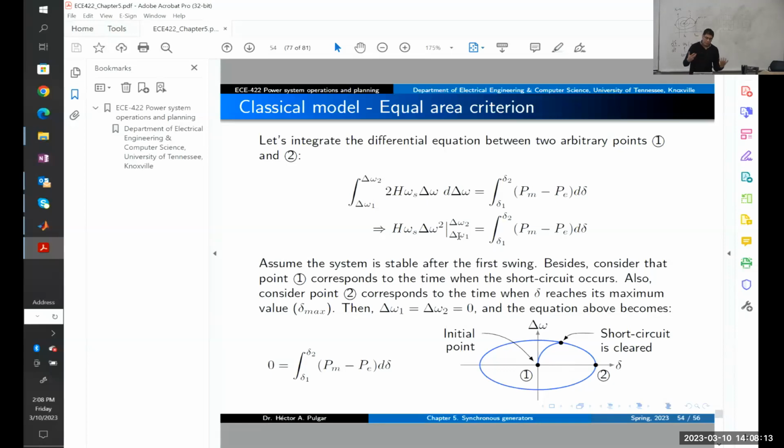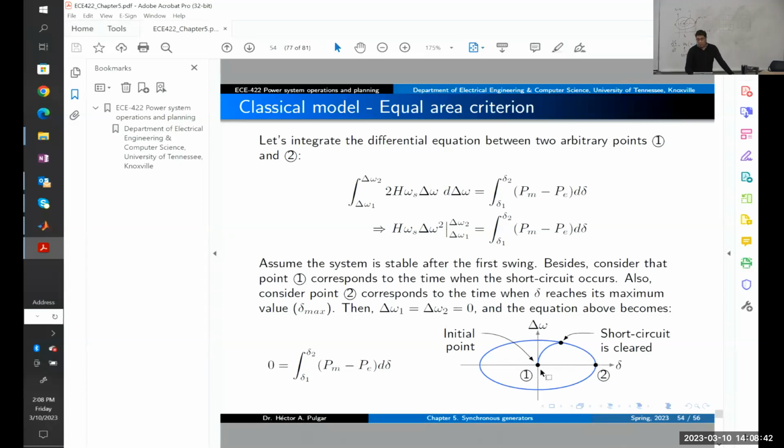We are engineers, we try to find simple answers to complex problems, and the 2 points here can be picked in such a way that these 2 points will have a delta omega that is 0. As you can see here, here is the first swing. From the equilibrium point, we have the short circuit. The short circuit is cleared, and then the angle reaches a maximum angle.